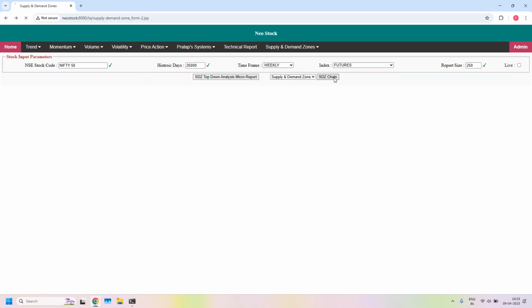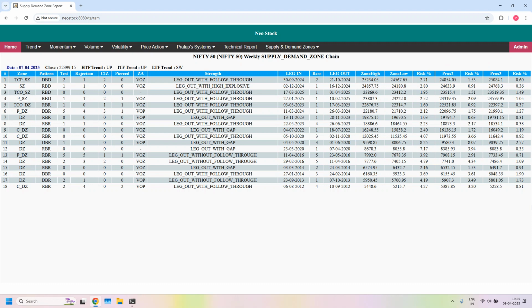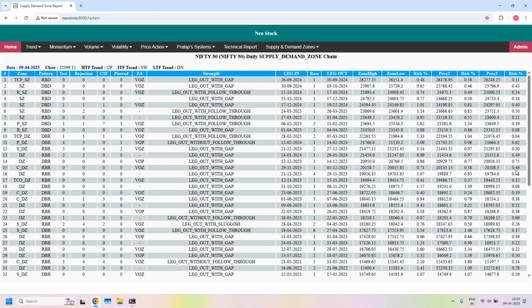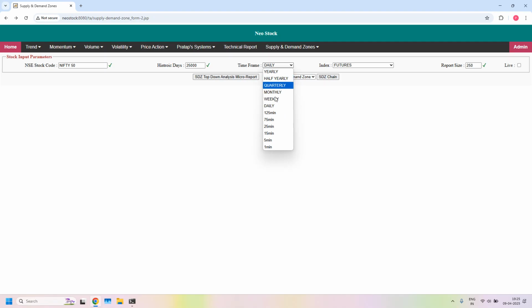Generating the weekly supply demand zone chain for NIFTY. Next, generating the daily supply demand zone chain for NIFTY. Next, generating the 125 minutes supply demand zone chain for NIFTY.